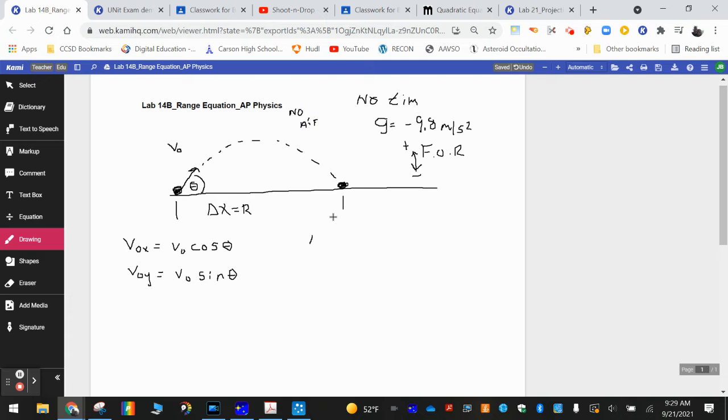Make this R. Here we know that delta x is going to equal V0x times the flight time, from here to here.